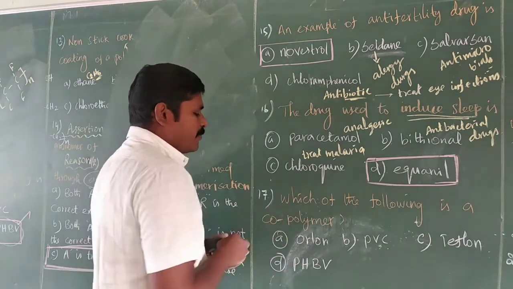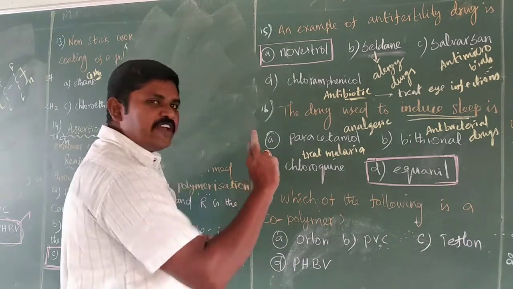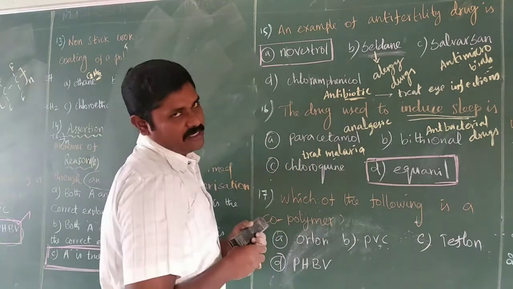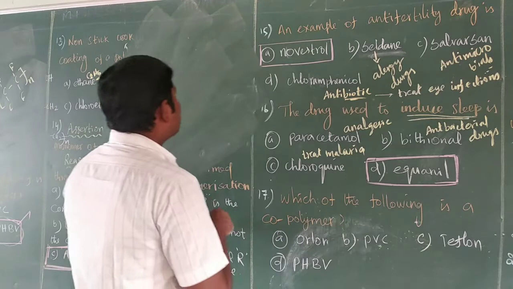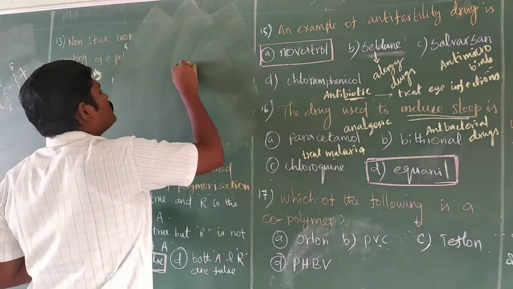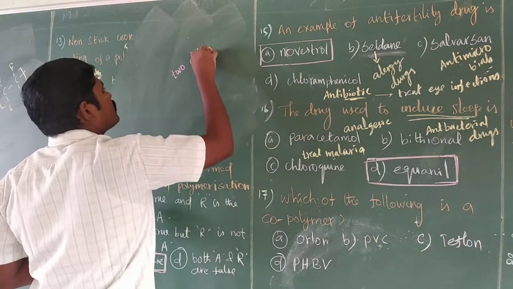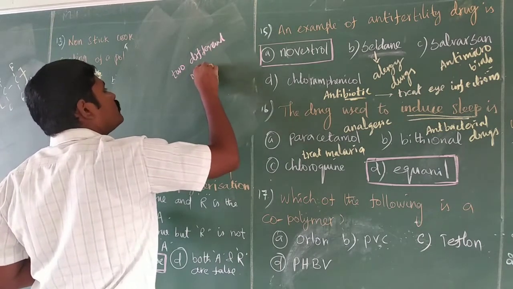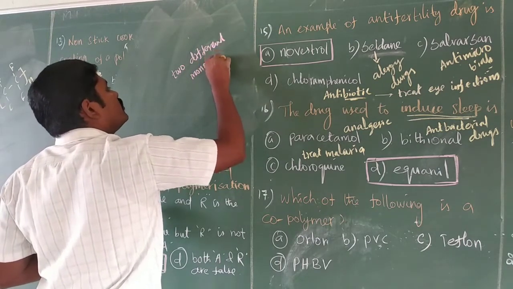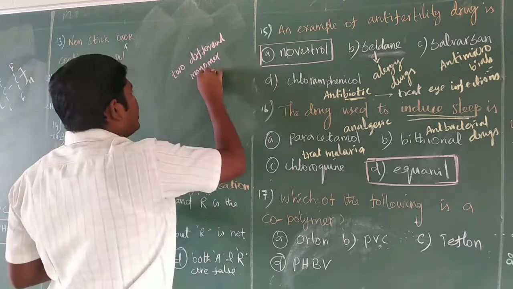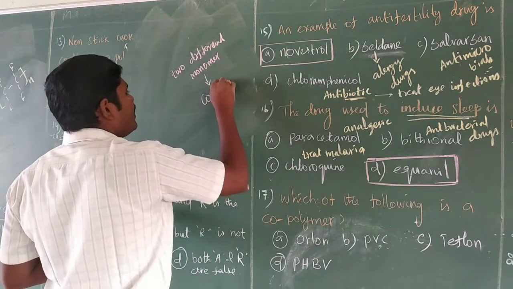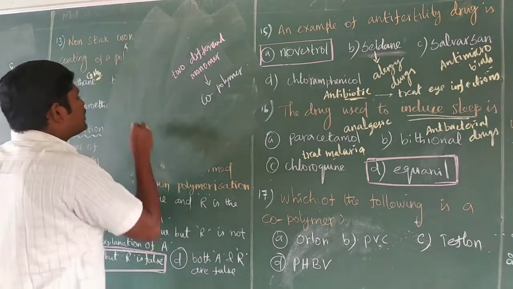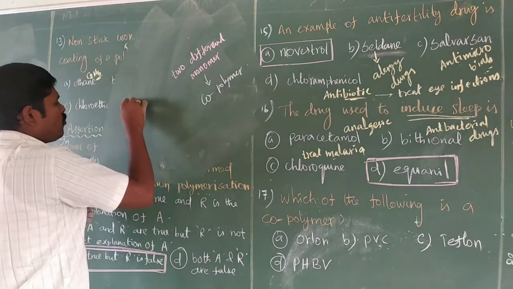Copolymer means two different monomers react to give a copolymer. Different monomers give a copolymer.